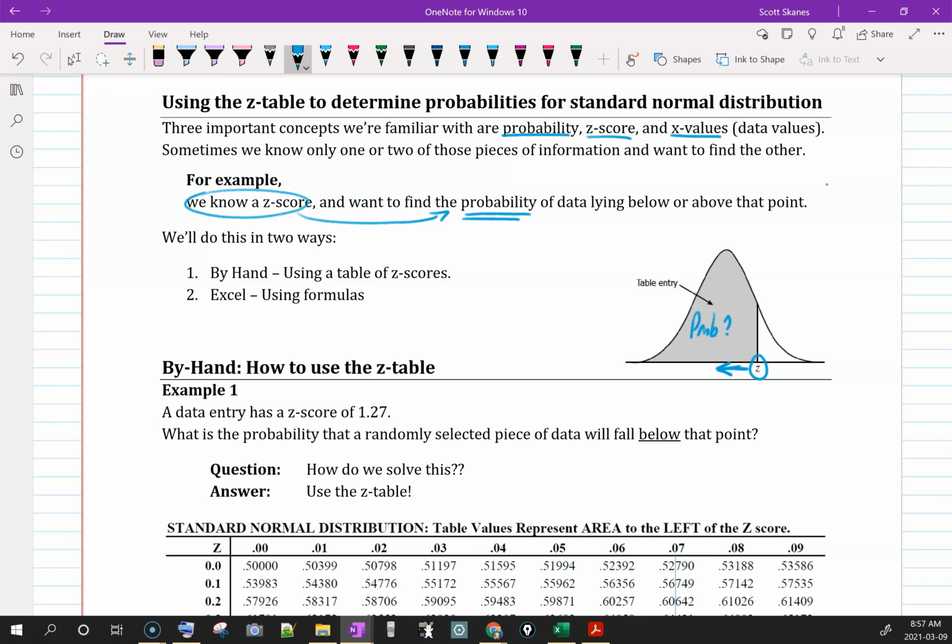So that z-score is not a data value, that is a standard deviation value. It's how many standard deviations you are away from the mean, so that's important to know. So we're going to do that in three ways. The first way we're going to do by hand using a table. The second way we're going to use Excel, and the third way we're just going to use z-score calculators.